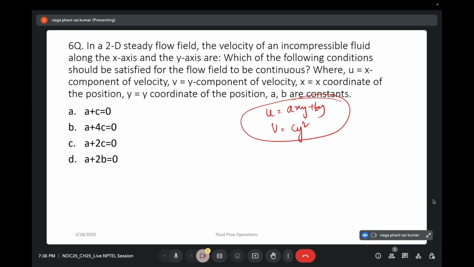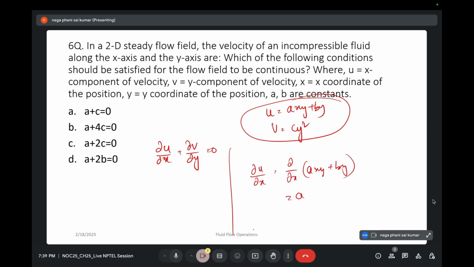So again, what is the equation of continuity for two-dimensional flow? Dou U by dou X plus dou V by dou Y should be equal to 0. So what is the value of dou U by dou X? That is dou by dou X of AXY plus BY, which will be equal to A. And what is dou V by dou Y?